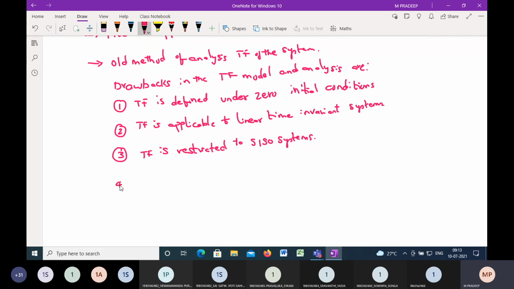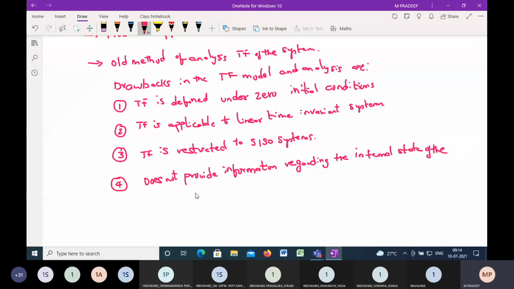And the last drawback is that this analysis, which we take with the help of the transfer function of your system, does not provide information regarding the internal state of the system.